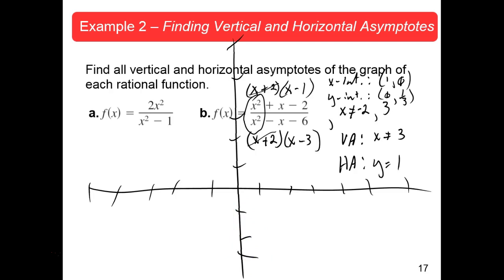All right, let's pick off the things we know. X-intercept at (1, 0). Y-intercept at (0, 1/3). Vertical asymptote at x equals 3. Let me do these in red.